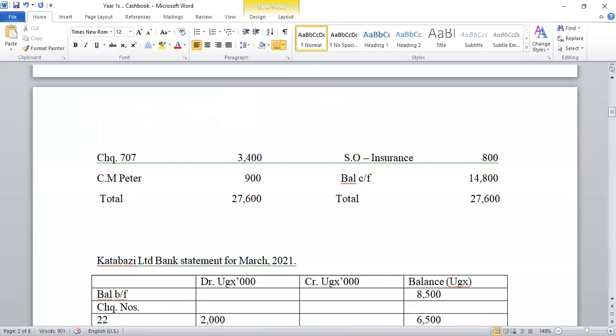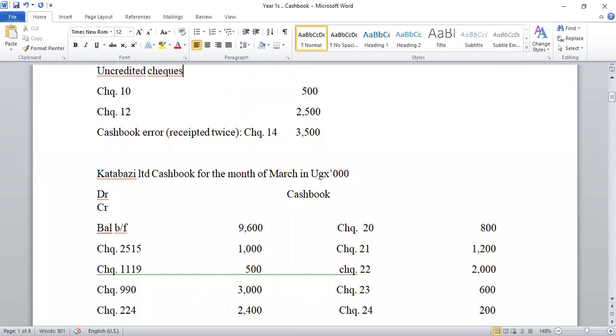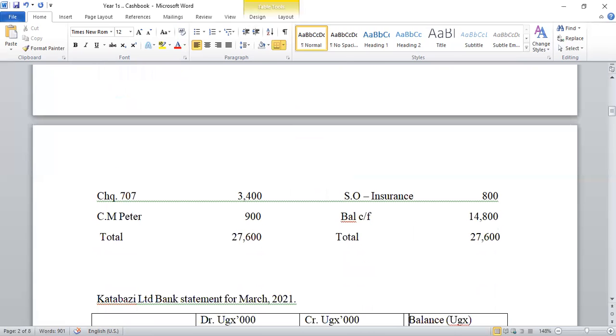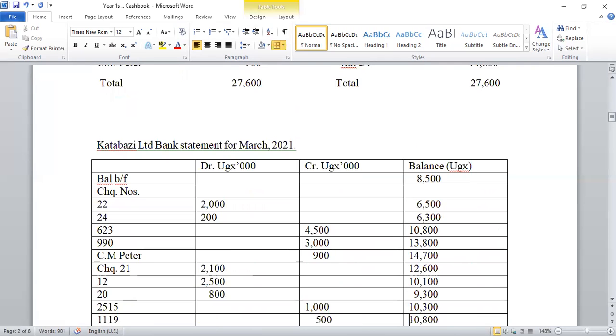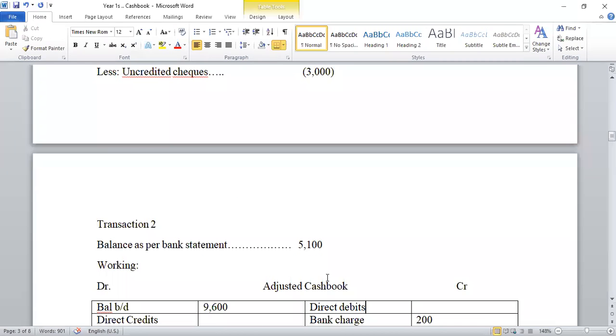So there are still some reconciling items that we have to look for. Okay, sorry about that. At the end of the day, you must have opening balances that are reconciling. I don't know why mine have failed to reconcile, but this is the whole logic.